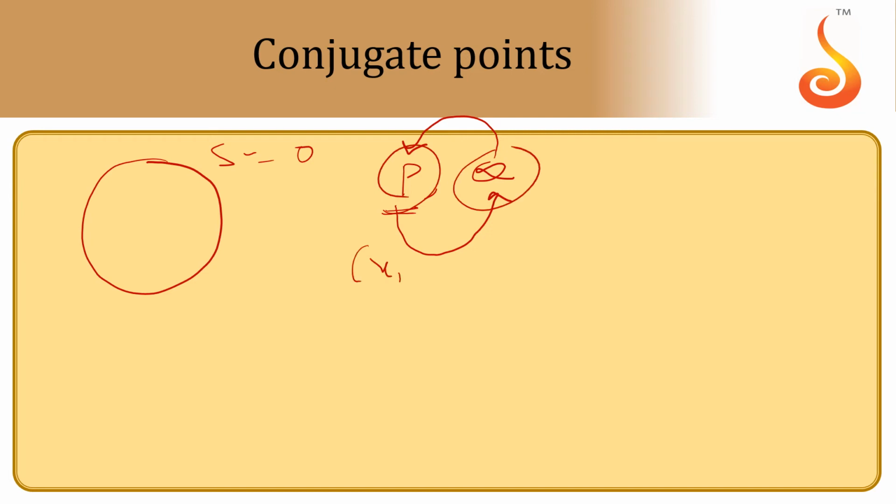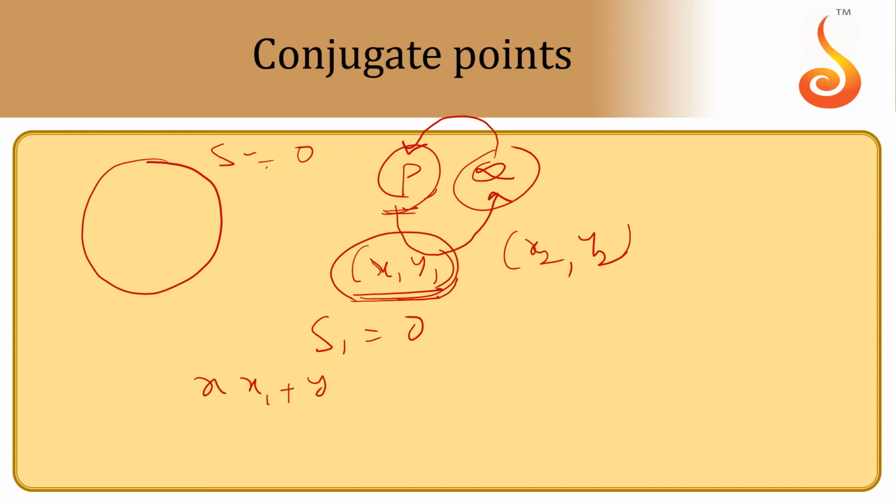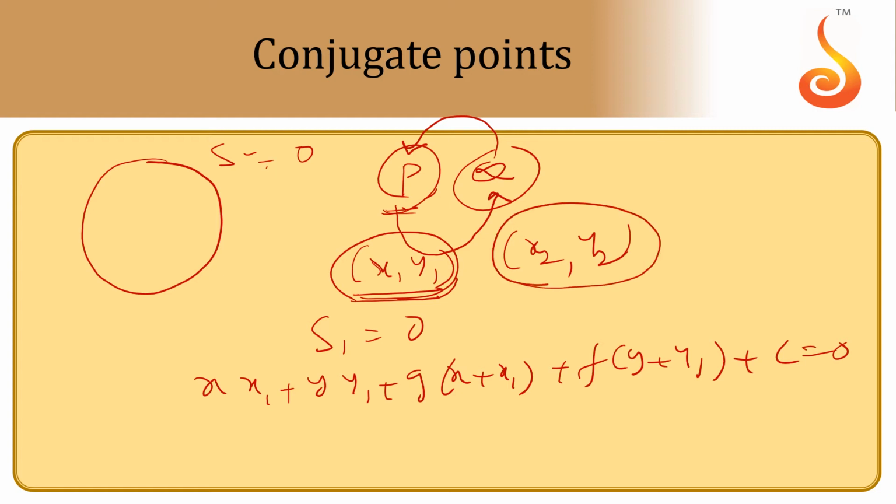So let (x1, y1) and (x2, y2) be the 2 points. What is the polar of the point P with respect to S equal to 0? It should be S1 equal to 0, which I can say is x x1 plus y y1 plus g into (x plus x1) plus f into (y plus y1) plus c equal to 0. According to the definition, since the points are conjugate, this point should satisfy this.